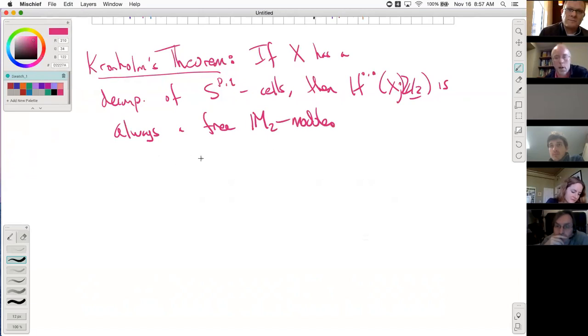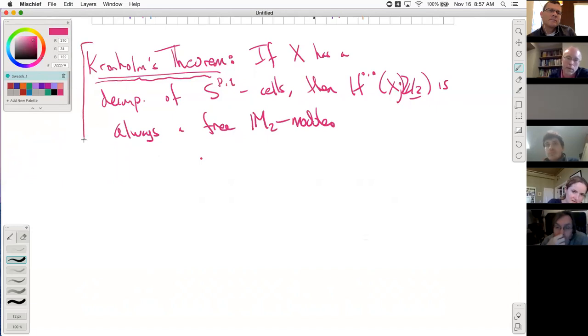And his proof of this was highly computational and hard to get any ideas out of. It was sort of an elaborate investigation of what's happening in these spectral sequences and what the extension problems can look like, and sort of a long case analysis that we didn't understand.